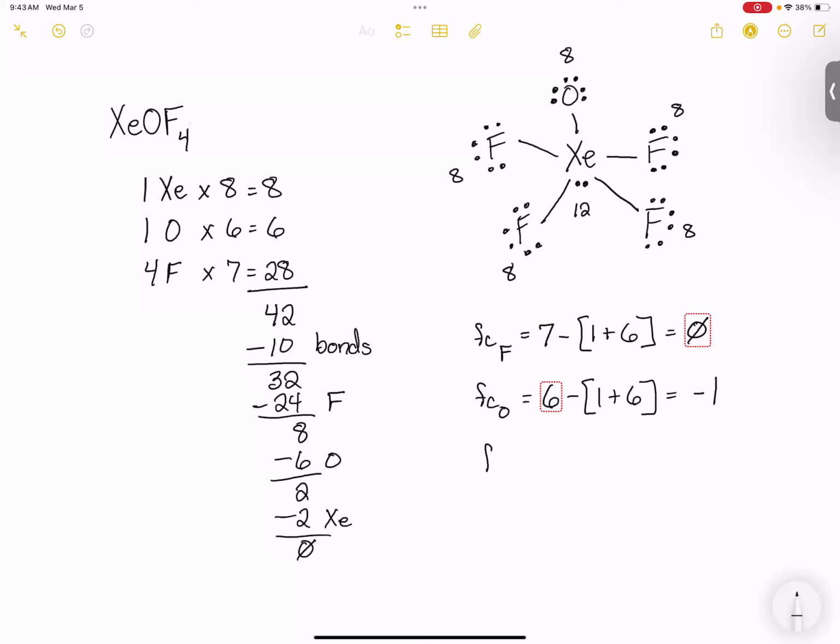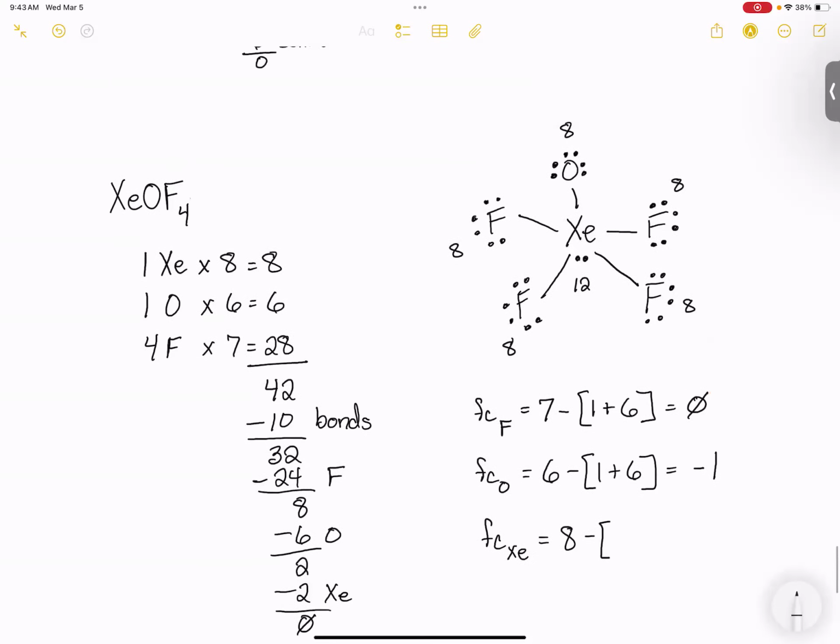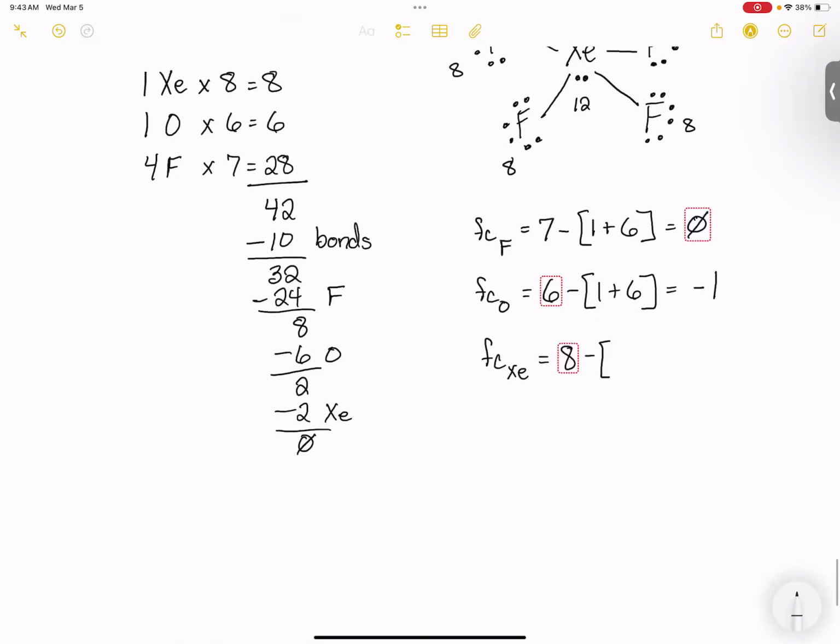Finally, let's do the formal charge of our xenon. Xenon is in group 18. The last digit is an 8, so it has 8 valence electrons. We'll subtract out 1 for every bond. It has 5 bonds.